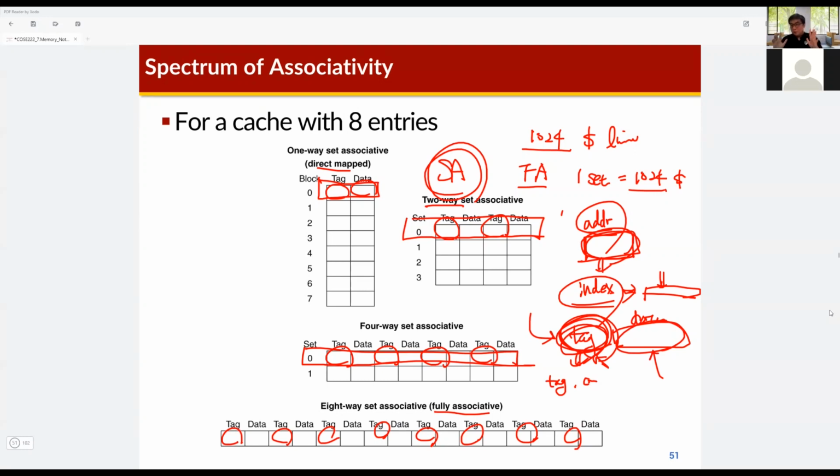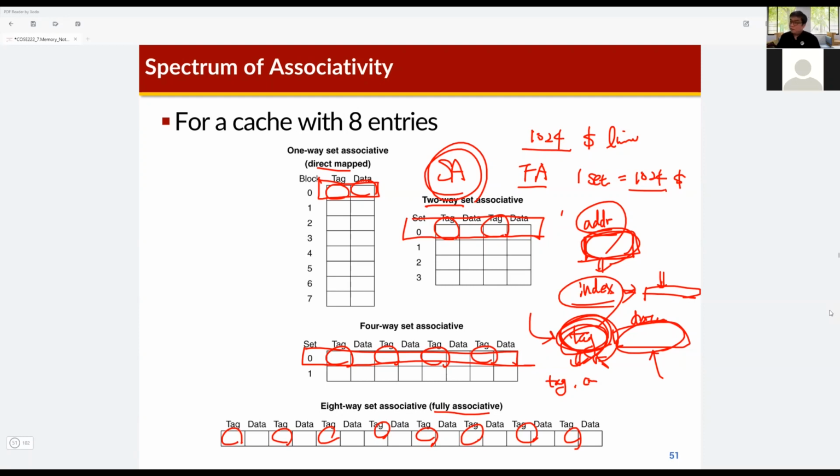So that is the intermediate form of the direct mapped cache and the fully associative cache. It's what we learned in the previous class, and it is also very important. Usually commercial CPUs include the set associative cache, because in the direct mapped cache the cache miss rate can be high.